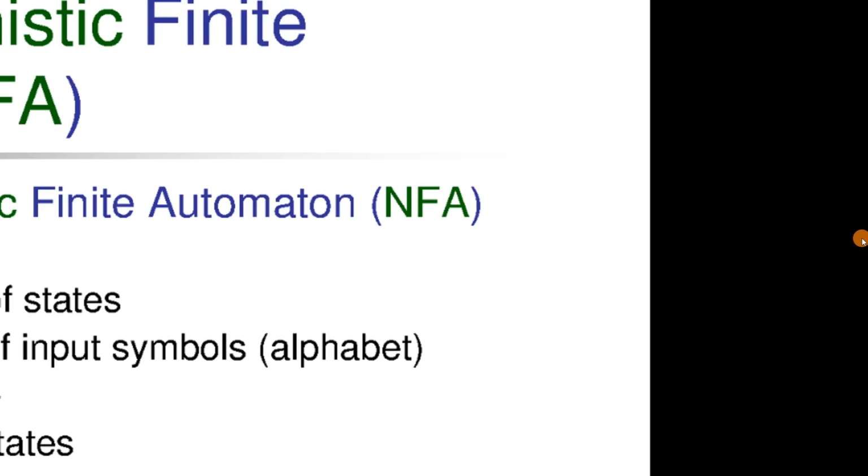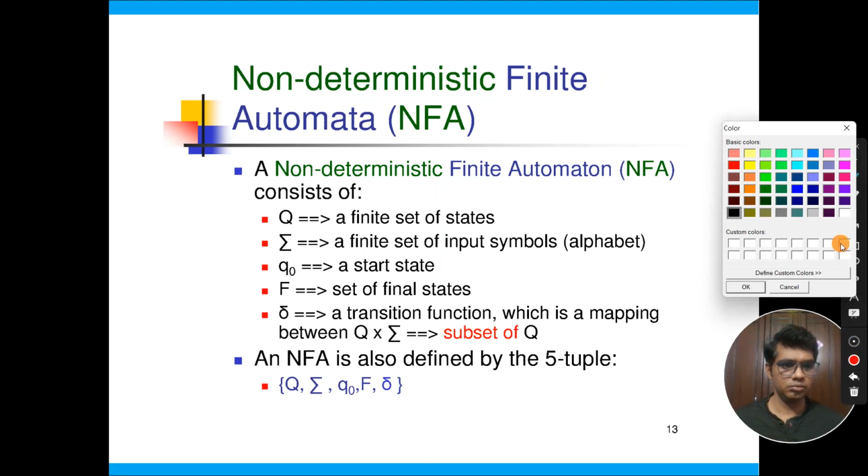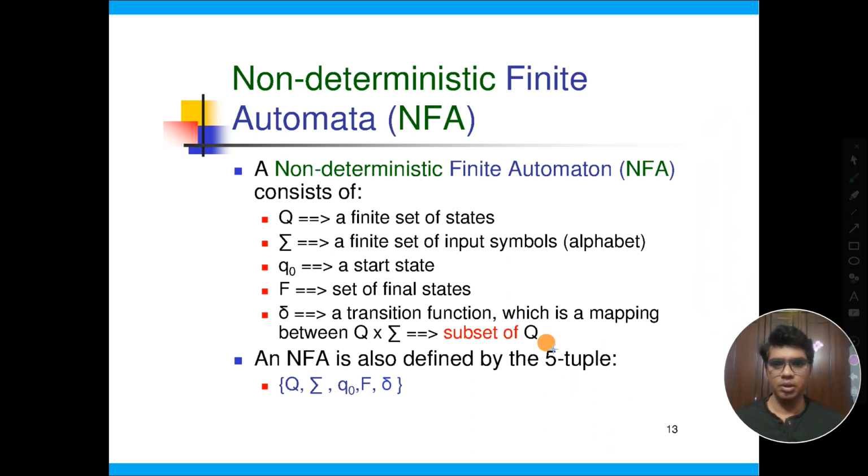Right. This is the formal definition of non-deterministic finite automata. It is also represented by a 5-tuple, like DFA.